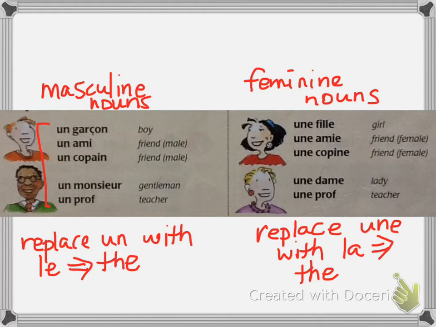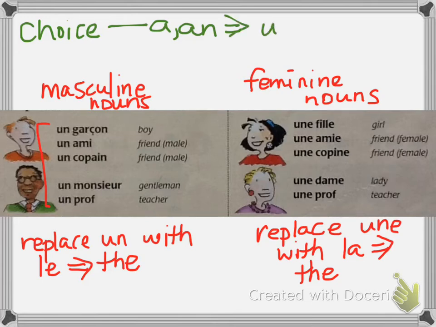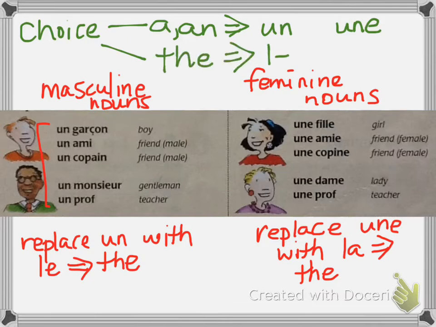So again, we have to kind of make that choice. Do you want to say a or an? In which case you're going to either use un for the masculine or une with the noun if it's feminine. If I want to say the, then I'm going to use the definite articles, and the masculine definite article is le, and the feminine one is la.